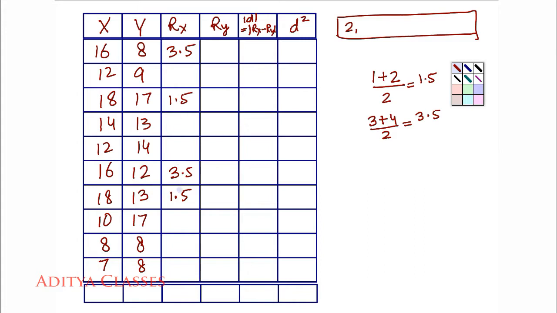So 1, 2, 3 and 4 ranks are gone. The next rank is 5. After 16, if I scan, I get a 14. So this 14 will get rank 5. Then after 14, I see there are a couple of 12s.